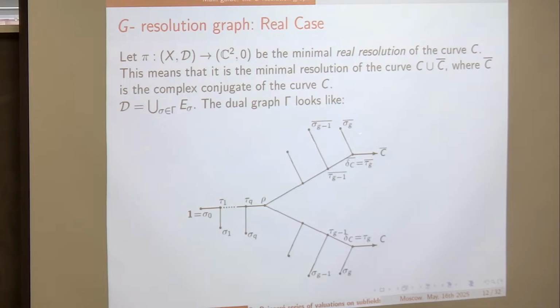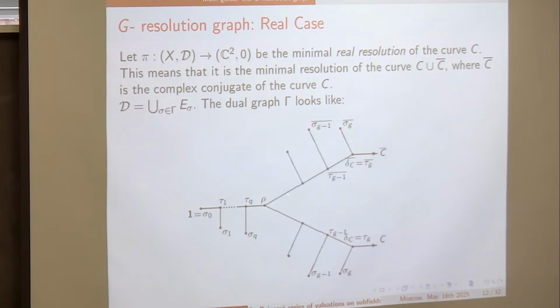You have the dual graph, and you have some pictures like this. Here you have the resolution of the complex curve, the classical resolution of a complex branch. And here you have a point in which the complex conjugate crosses other points.